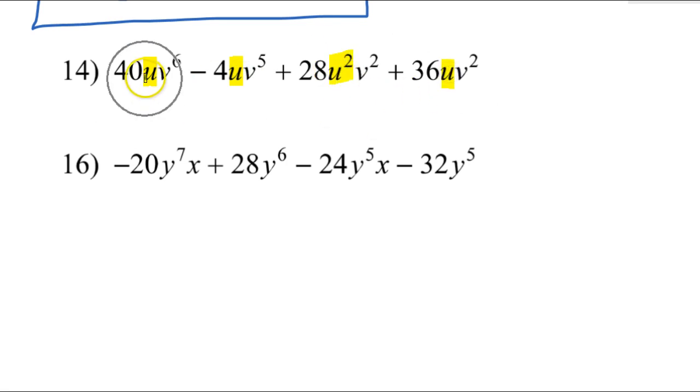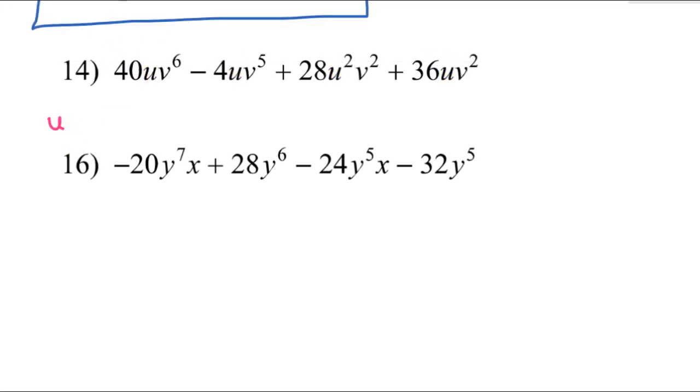What's the smallest amount of u's in any term? Well, some of these terms only have one u. So that's how many u's I can put in the GCF. It has to be the smallest amount. So there's going to be one u in that GCF.